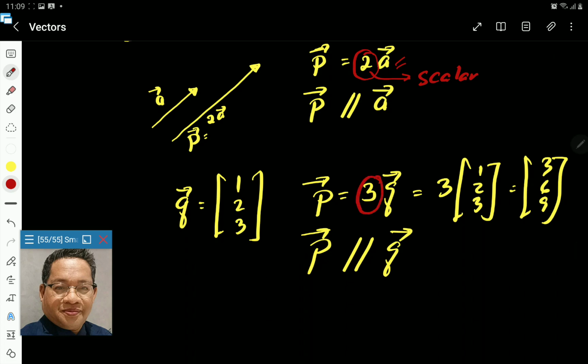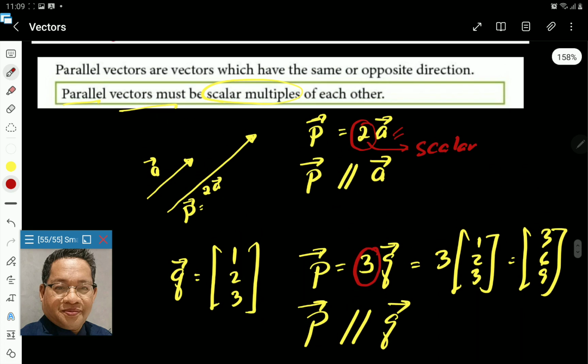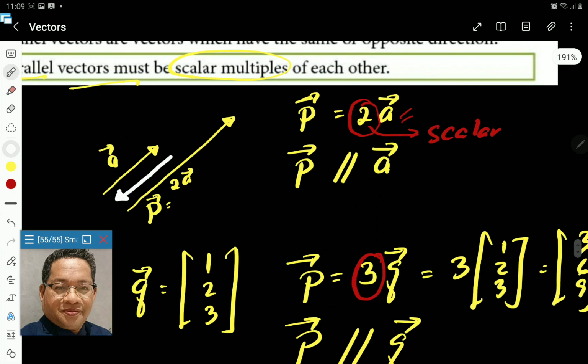Now, can the scalar be a negative number? Yes, it can. So for example, I have here this vector, and let's say that the white one is vector negative A. So meaning it is the same length as A but of opposite direction.